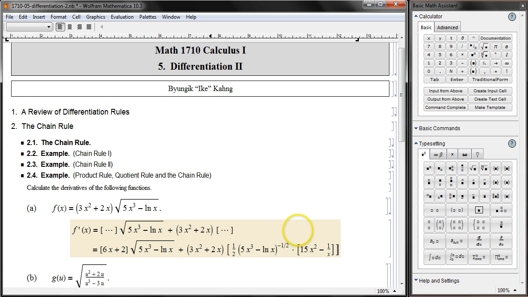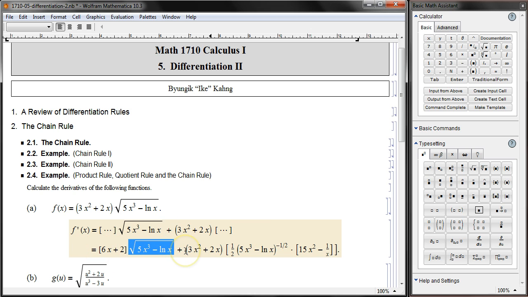That'll complete the problem. So this is u prime v, and this is u, and this big part is v prime, the chain rule part. You can do this in a single step if you want to, yeah, but I would strongly recommend you to break down into either 2 or 3 steps. Why? To cut down mistakes.